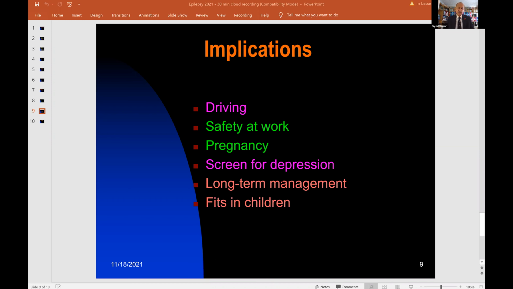We have already discussed pregnancy, and so the neurologist needs to be consulted along with the gynecologist as to what to do if impending or current pregnancy is at hand.